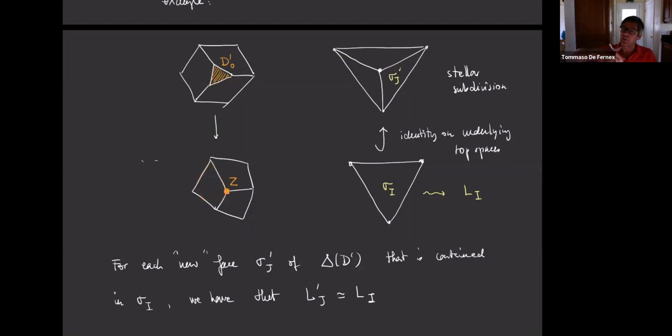In any case, it's going to be some fibration over this stratum, and the fibers are open sets in projective spaces. In fact, they are open sets in P1s. And over here it will be an open set inside P2.